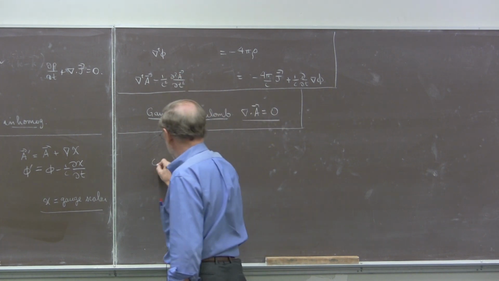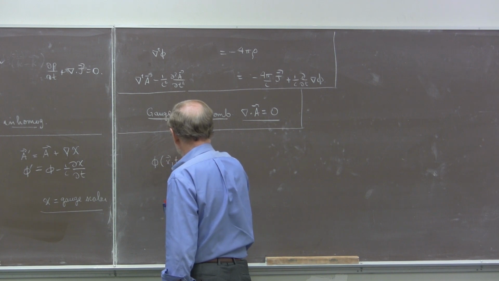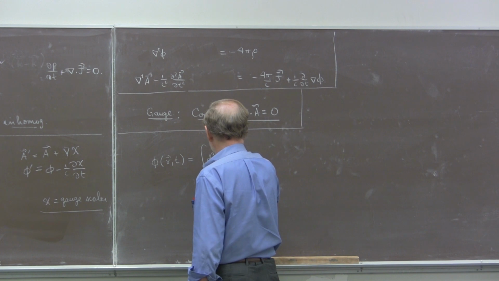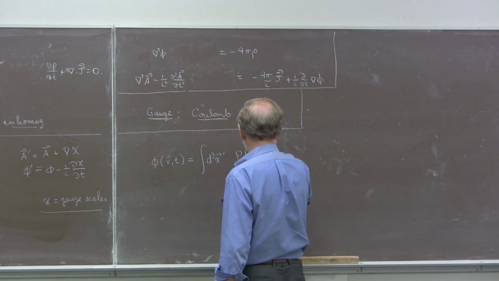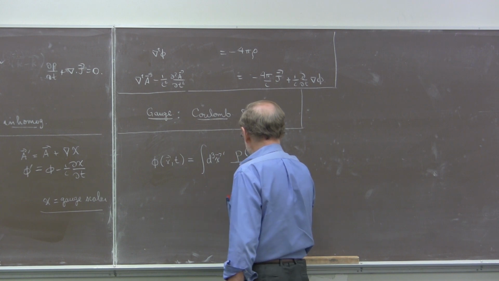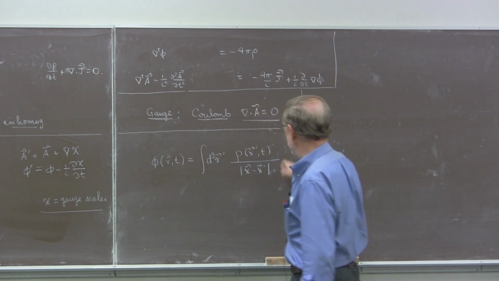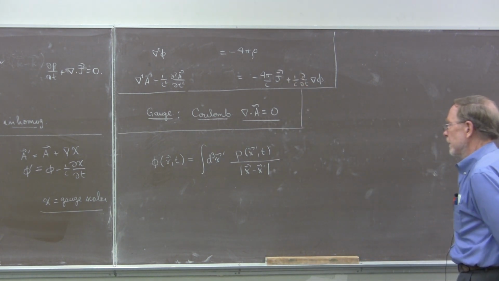Under that assumption, the solution that we get from the Poisson equation is that phi of x and t is the integral over all space d cubed x prime of the charge density rho evaluated at x prime and t, divided by the Coulomb denominator, the magnitude of x minus x prime. This is the unique solution of the Poisson equation.